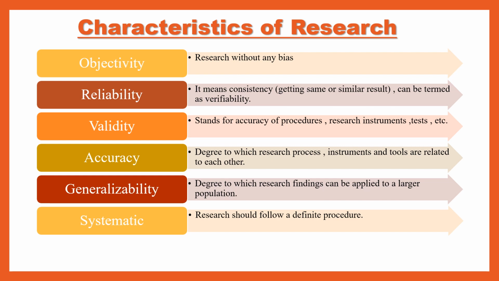Whenever you want to know what exactly you want to do, that comes in your objective. Without objective, there is no goal, and there is no optimum utilization of resources. When you know the objective, then you may proceed to the further steps in your research process. So without objective, research is completely biased.